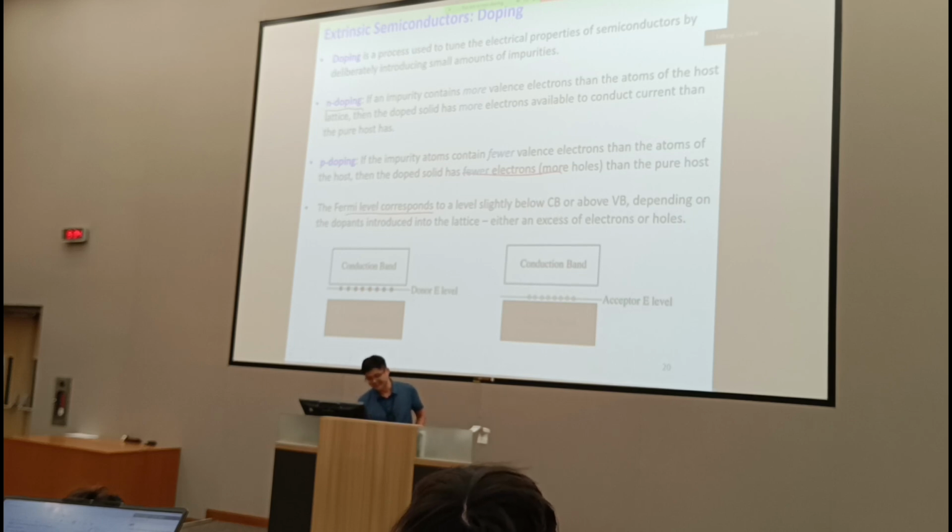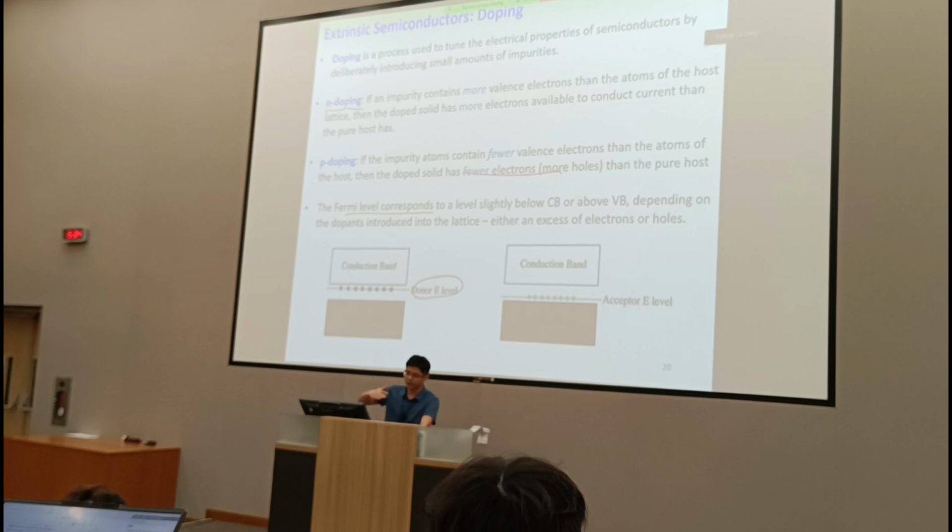When you introduce a lot of donor impurities, donor atoms, you create states close to the conduction band. Your Fermi level will move towards the conduction band. Why? The Fermi level is a hypothetical level that describes 50% occupancy.